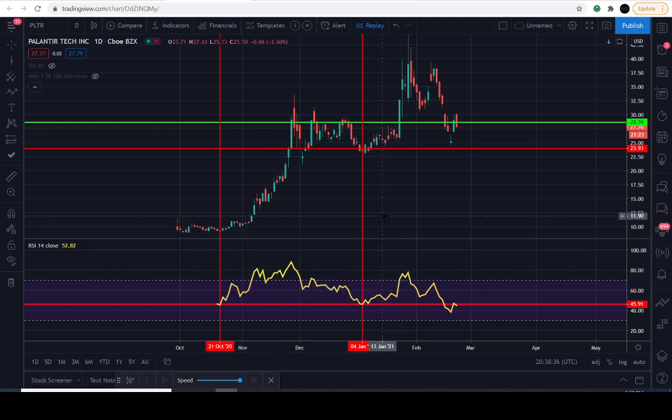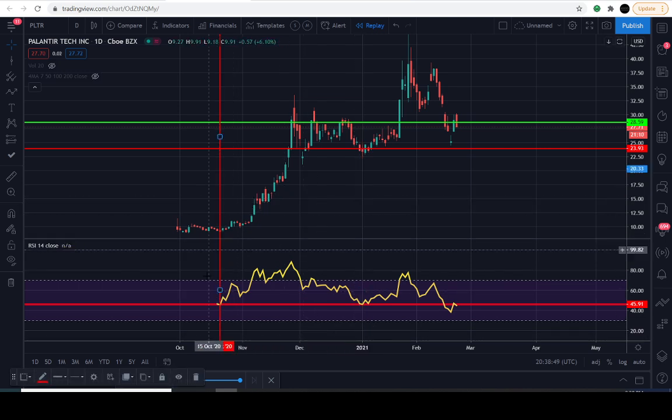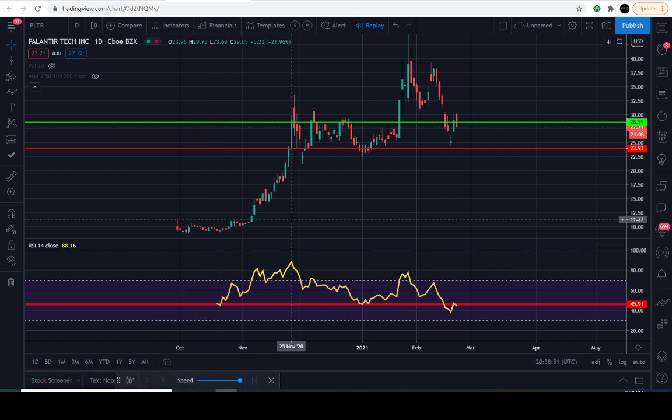Every time it stayed above the 45.91 level on the RSI, it was a very nice move to the upside. That's the only reference point I can personally go to, the way that I understand price action.